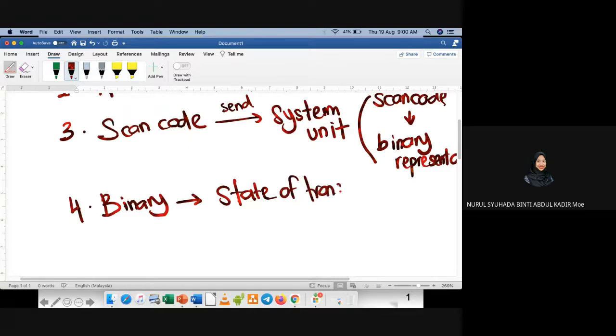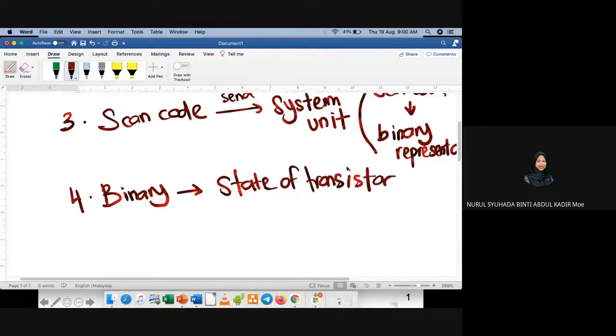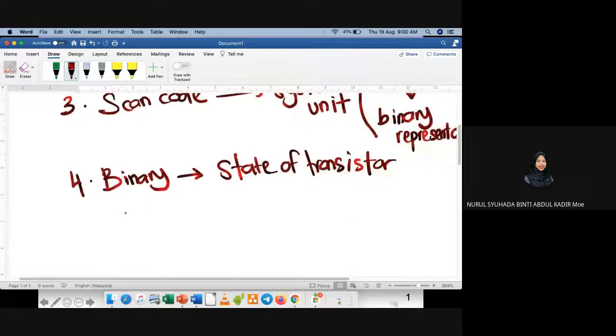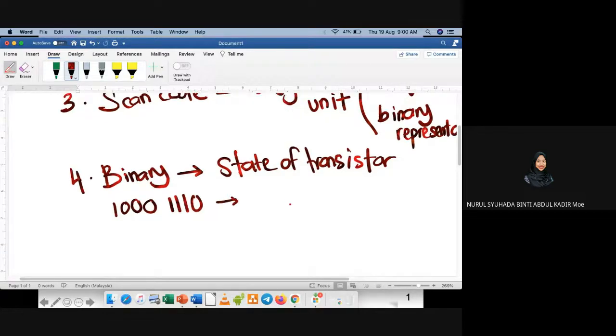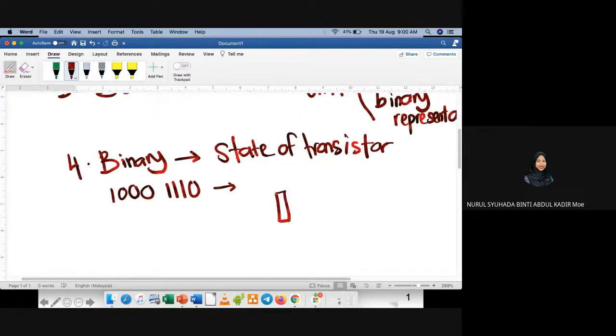So if you still remember, contohnya kalau A dia adalah 1001110 for example. So the state of transistor dia, cuba bayangkan ni kita ada like 8 transistor corresponding to this 8 group of bits.